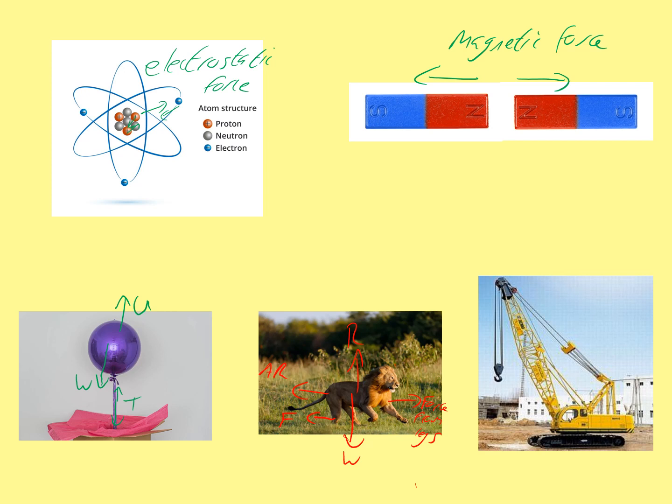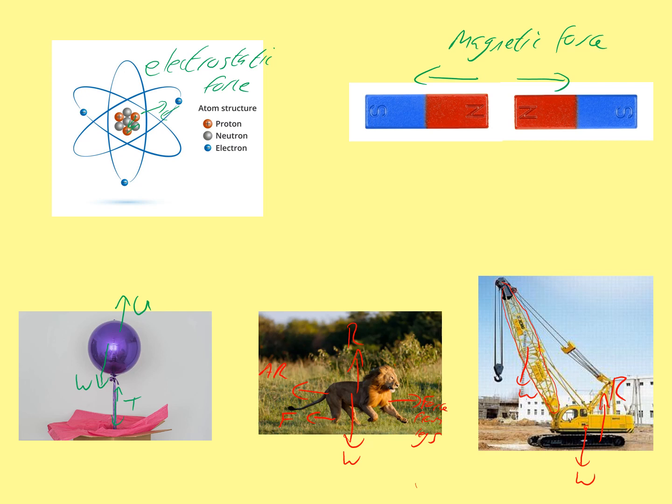Last one, the crane. Now, on the actual crane itself, you could have weight going down and the reaction force going up. You could also, if you wanted to, see over here, we've got maybe the weight of this arm, just this arm bit. We could say that there's a force there, maybe there, causing that arm to fall down.